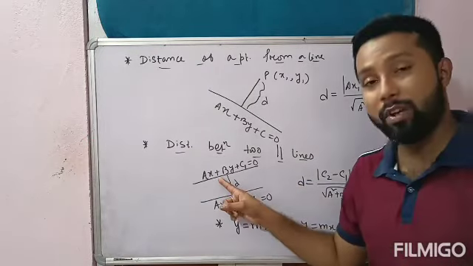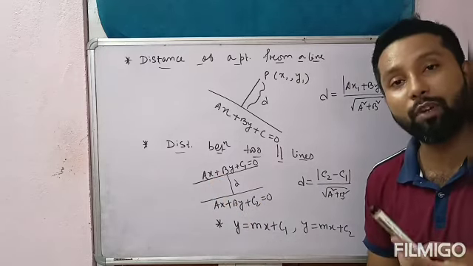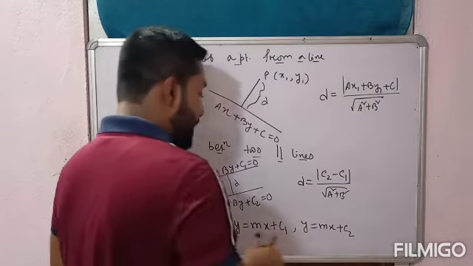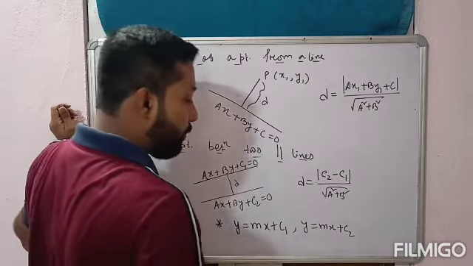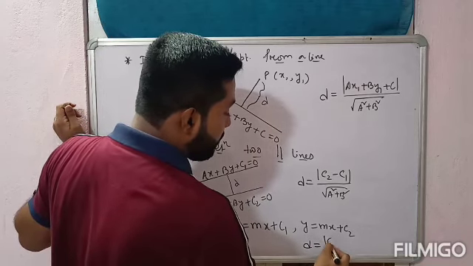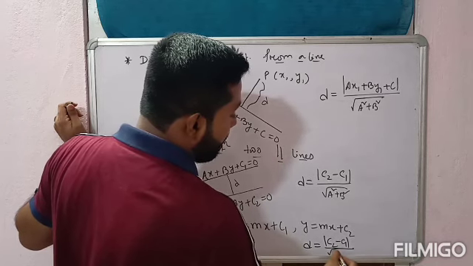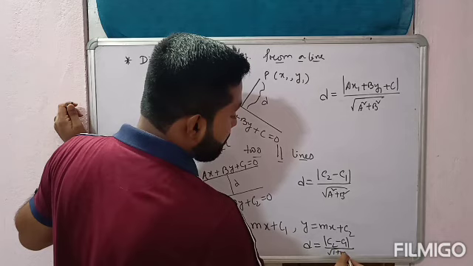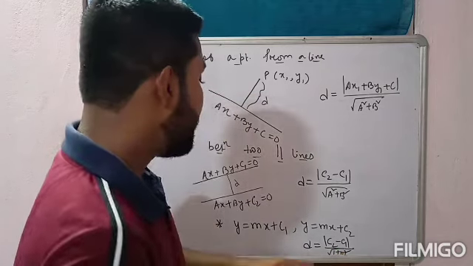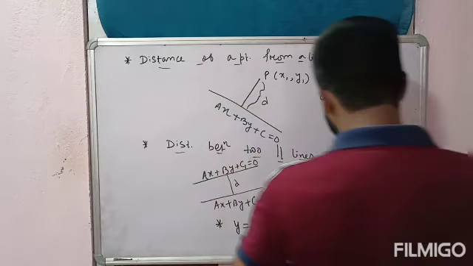If they are in slope intercept form and not in general form, then how can we find the distance between these two parallel lines? So if the equations are in slope intercept form, then the distance formula is d is equal to modulus of c2 minus c1 divided by root over 1 plus m square. There will be no change in the numerator.